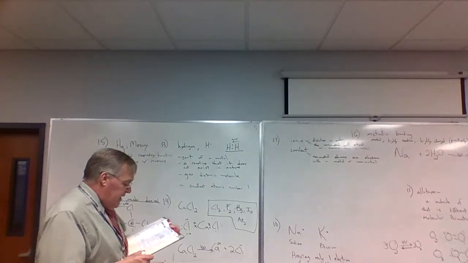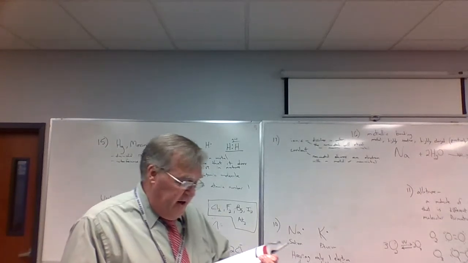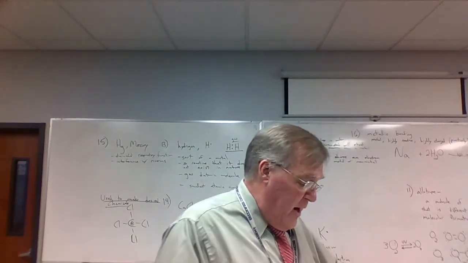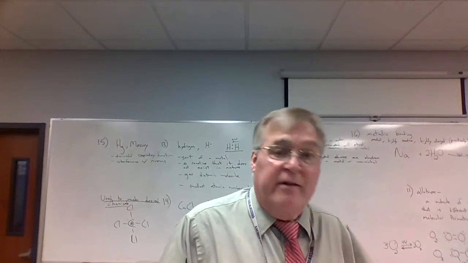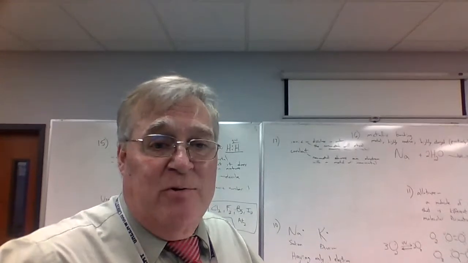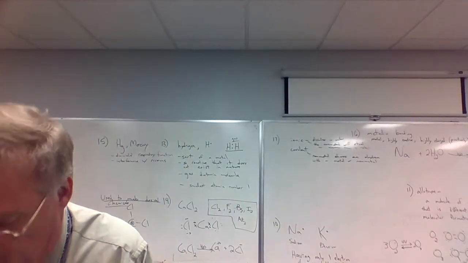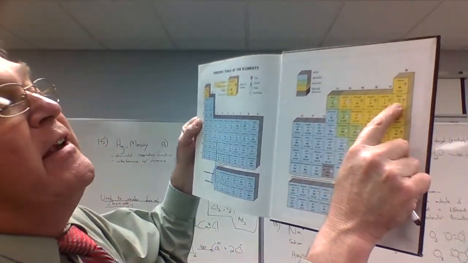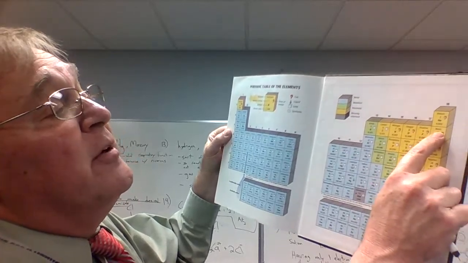Number 18, explain why fluorine is very reactive and why neon is very unreactive. All right, so you'll notice fluorine and neon are right next to each other on the periodic table. Look it up on the periodic table. This one is very highly reactive.